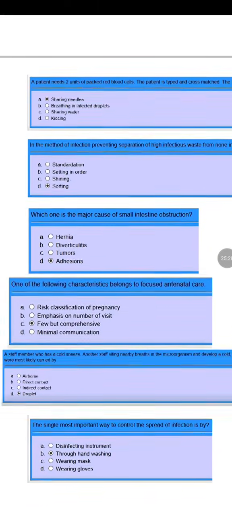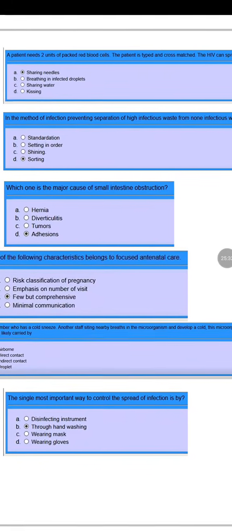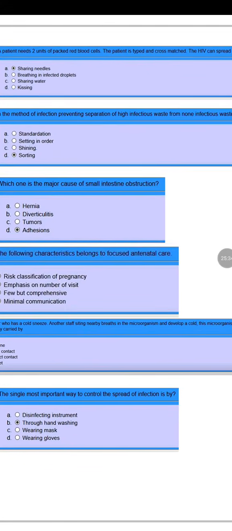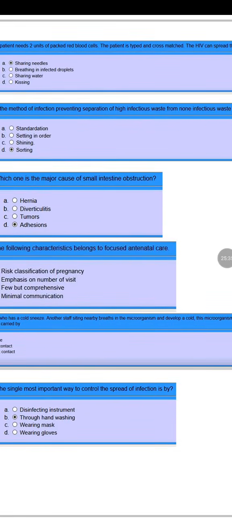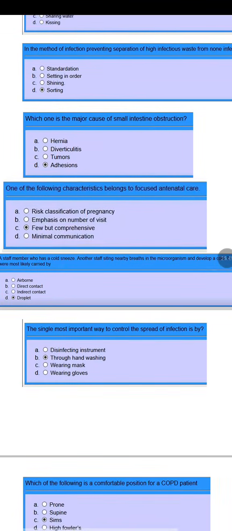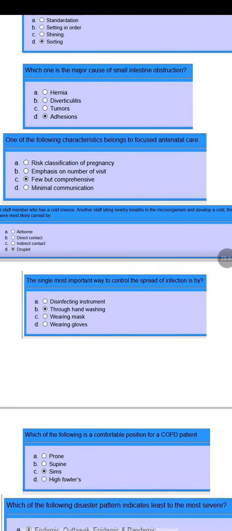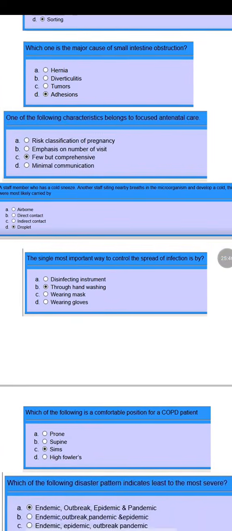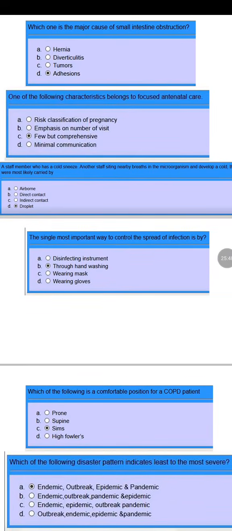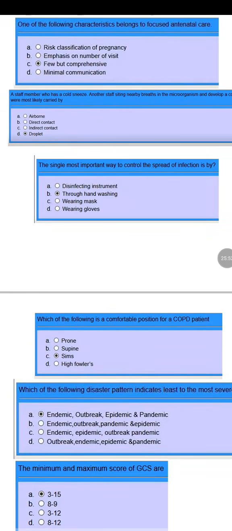Which is the method to prevent infection: separate infection waste from non-infection waste, sorting. Which one is the major cause of small intestine obstruction? Which of the following is the focus of antenatal care: comprehensive.